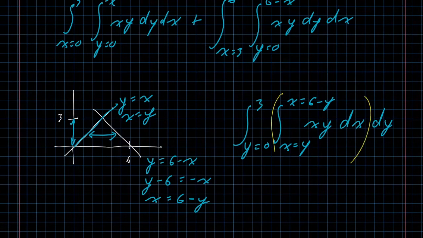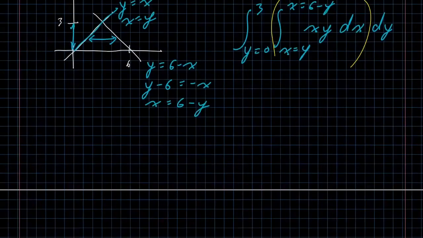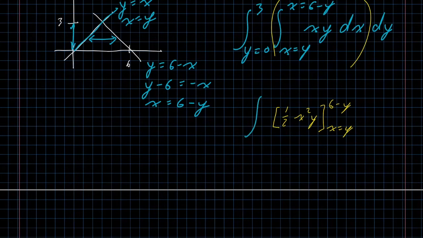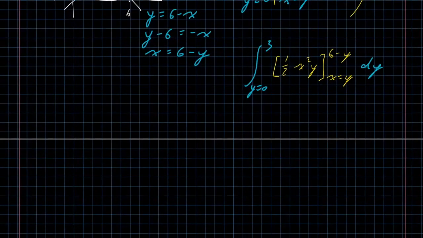Take that inner integral first. The integral of xy dx is going to be 1/2 x squared y, evaluated between x equals y and x equals 6 minus y. Then we'll integrate with respect to y once we've simplified that mess.